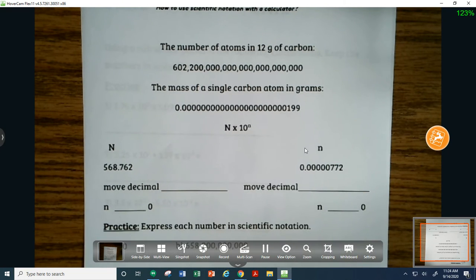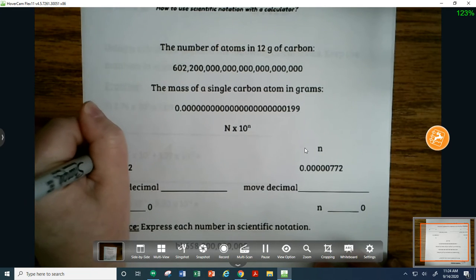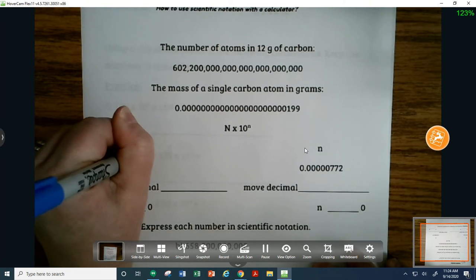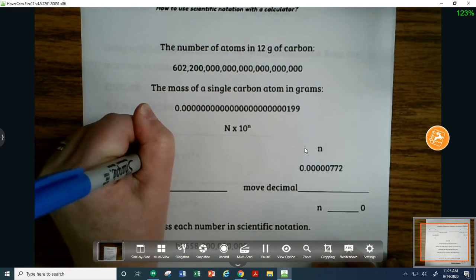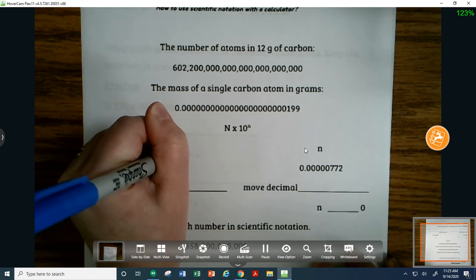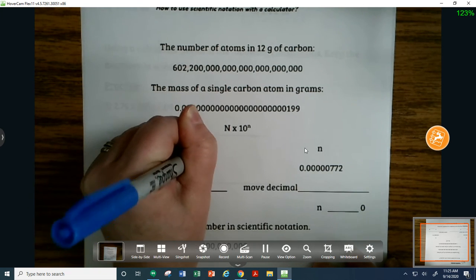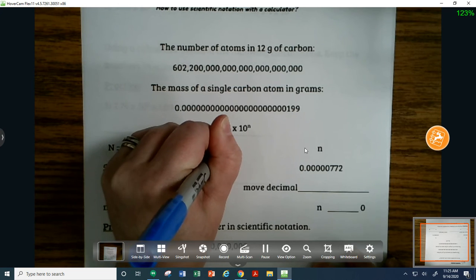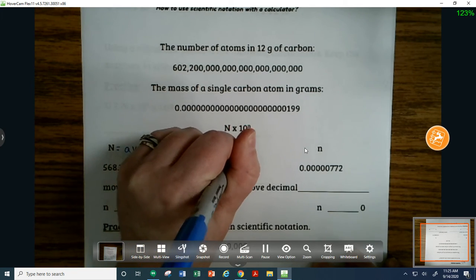So what that means is that the first number, with the uppercase N, should be a value between 1 and basically 9.9.